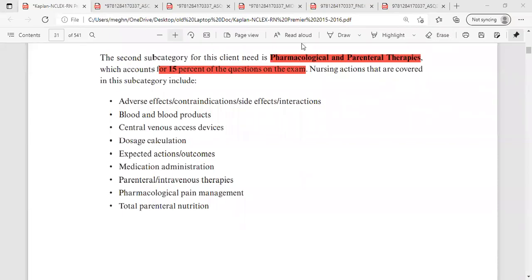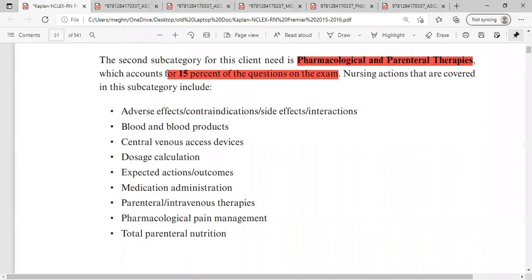Here we are going to discuss a few question categories commonly asked in the NCLEX board. Pharmacology and parenteral therapies make up about 15% of questions in the NCLEX board.